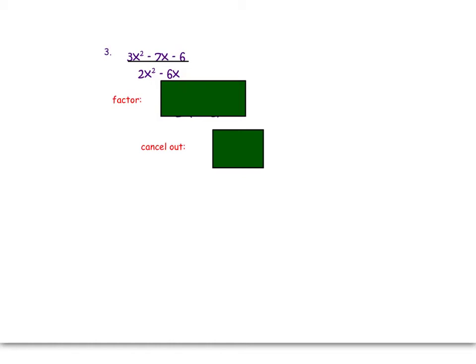Now, how do we factor when the term in front of your x squared is greater than 1 and there are no common factors? We use the magic x. So, first and last multiplied together goes up top, middle in the bottom.